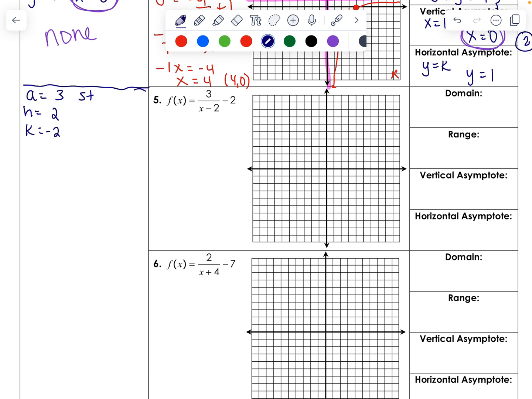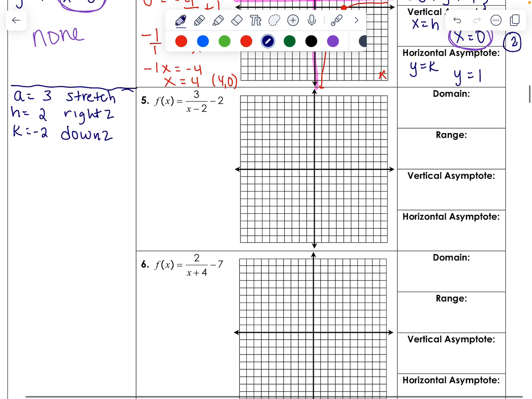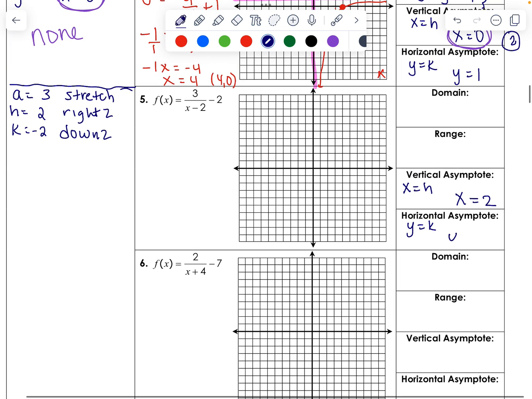So it's a stretch, it is a right 2, and it's a down 2. So that means that my vertical asymptote is going to be x equals h, which is x equals 2, and y equals k. So it's going to be y equals -2.